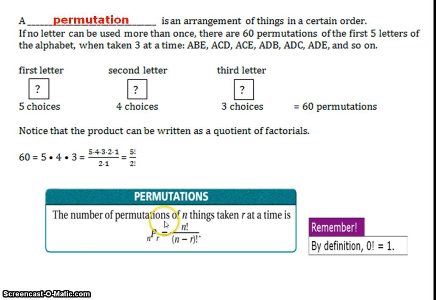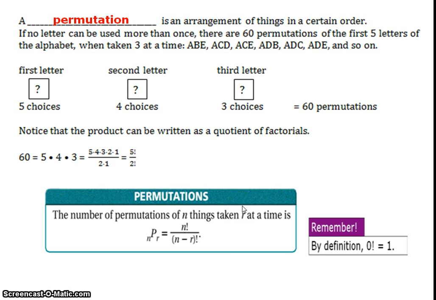Permutations. The number of permutations of n things taken r at a time is nPr, where n is in the numerator, and that's factorial. In the denominator, we'd have n minus r factorial. Now permutations, remember, order matters.